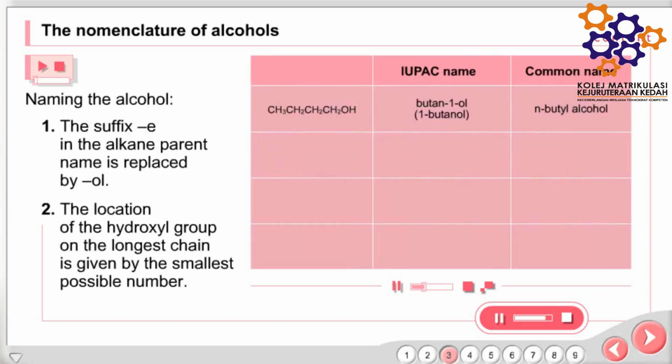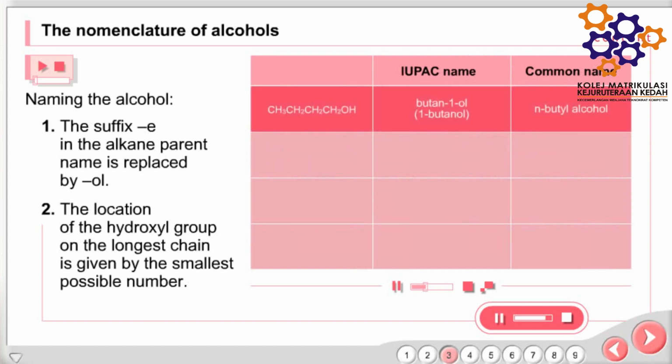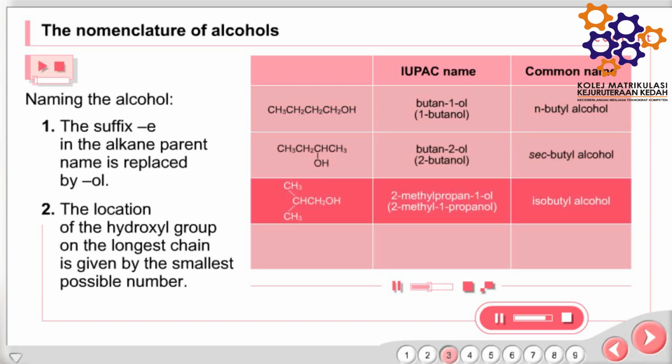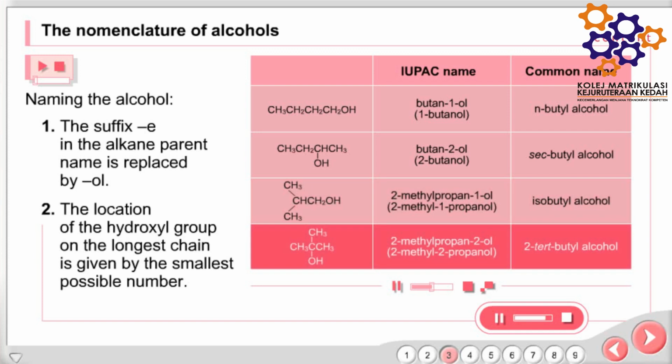There are 4 isomeric alcohols which contain 4 carbon atoms: butan-1-ol or 1-butanol, common name n-butyl alcohol, butan-2-ol or 2-butanol, sec-butyl alcohol, 2-methylpropan-1-ol or 2-methyl-1-propanol, isobutyl alcohol, and 2-methylpropan-2-ol or 2-methyl-2-propanol, tert-butyl alcohol.